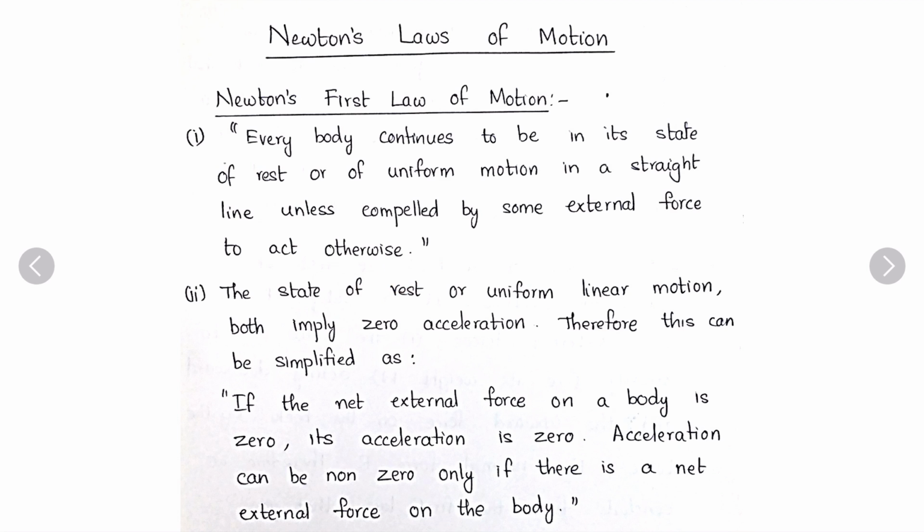What does it mean? A body continues to be in its state of rest, or of uniform motion in a straight line. That means if it is going in a straight line with uniform motion, it will continue unless compelled by some external force to act otherwise.